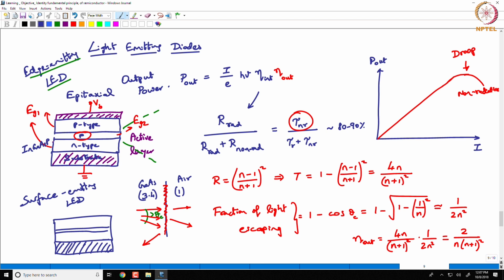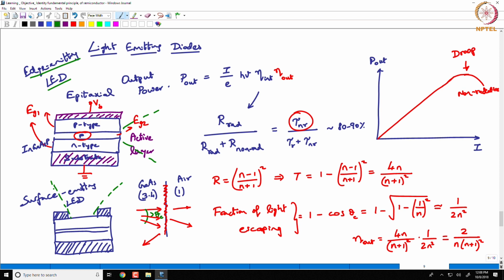So, you can use it as an electrode, but at the top what you would have is a ring type of electrode. So, looking from the side it will look like this, but looking from the top it will look like a ring, and in this case the emission will happen like this. So, it will emit from the surface of the LED.